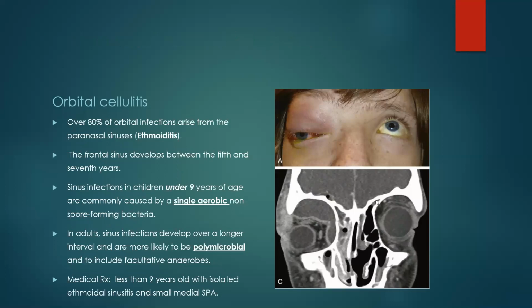So if you have a patient 5 years or less, 7 years, it's less likely to be of frontal origin because in case of frontal, this is an urgent case, it needs an urgent drainage because of the risk of intracranial extension.